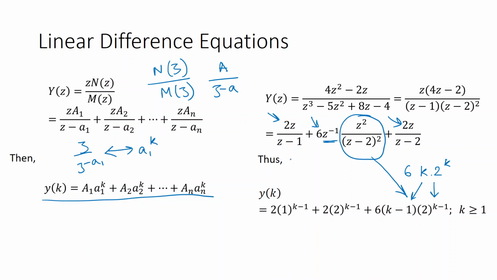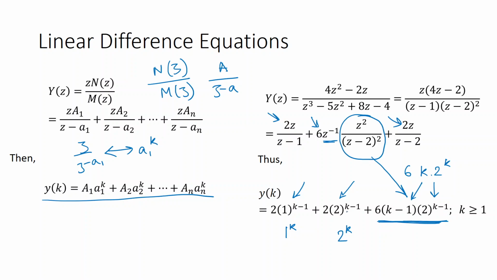And the other terms I hope you can understand, and this should be 1 to the power of k, you will say, but why have I written 1 to the power of k minus 1 and 2 to the power of k minus 1? Because due to this term you have to start at k minus 1.